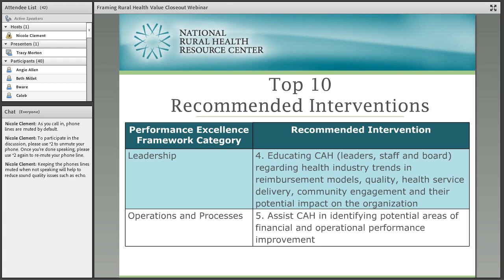But then at the second meeting, I was surprised at what happened, because not only did hospital administrators attend, but systems administrators, because we only have one independent critical access hospital in Virginia, and all of the others belong to a hospital system. So the systems folks came, which was really exciting for me, because they were talking to each other, but we were also reaching hospitals in other states.